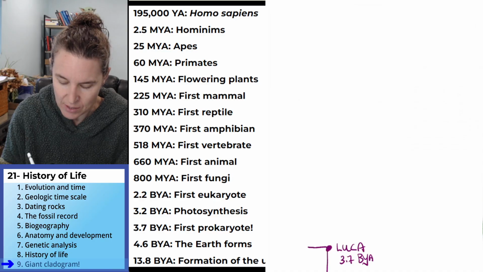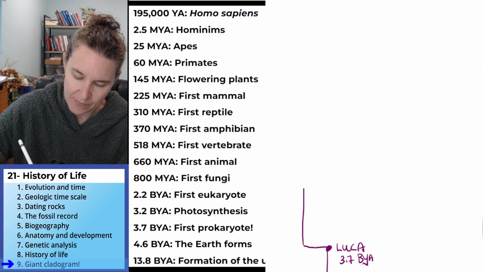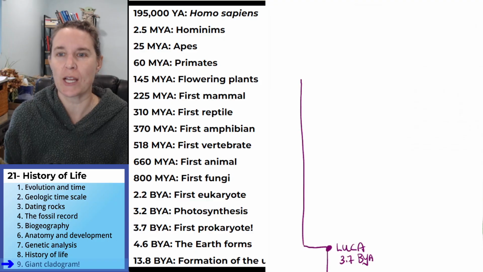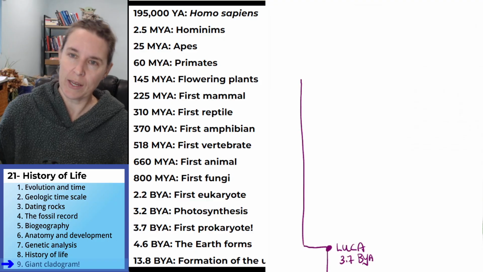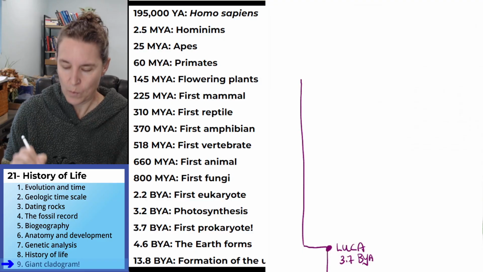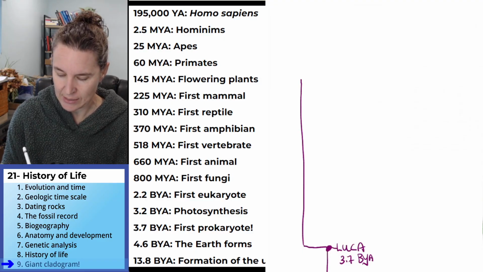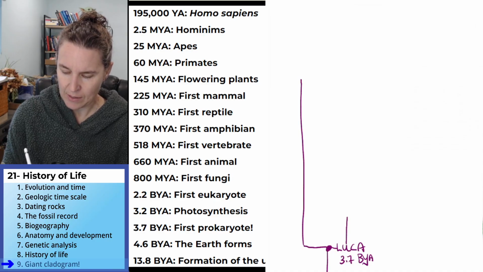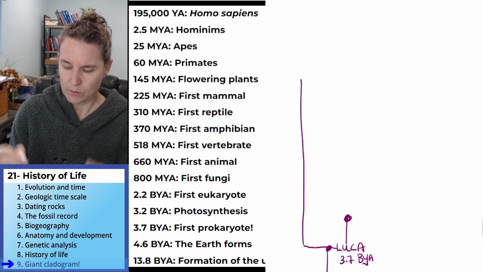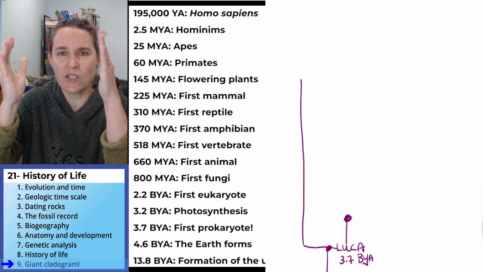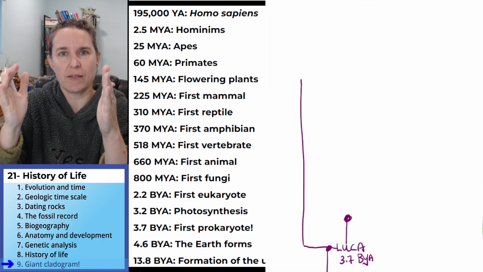And here is where we're going to go next. And just be okay with my gigantic drawing here. We had a split in the lineage, which makes sense, right? Luca gave rise to two lineages.